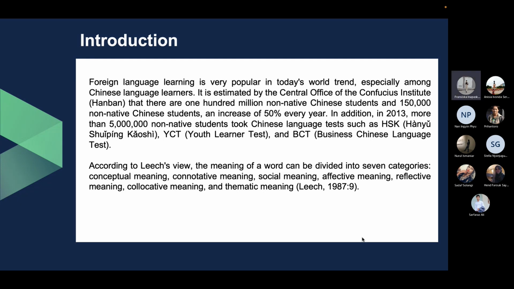And then the thematic meaning is how the speaker portrays the message through word choice. So the order of words used conveys that something is connected with the theme. For example, if we learn English, we use active and passive voices.